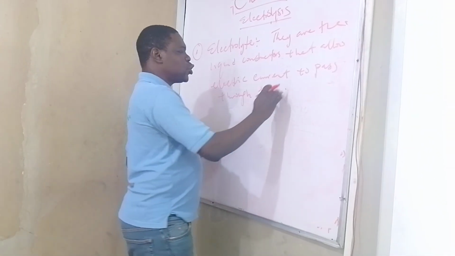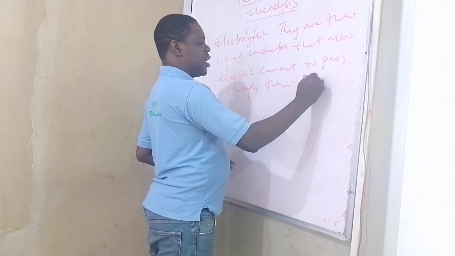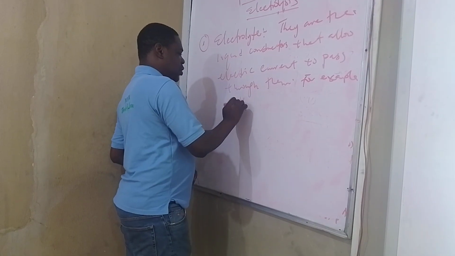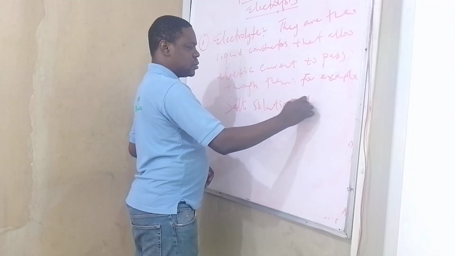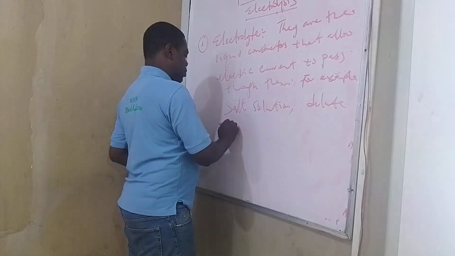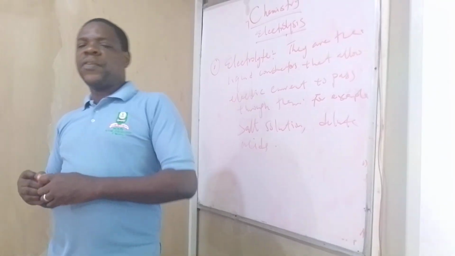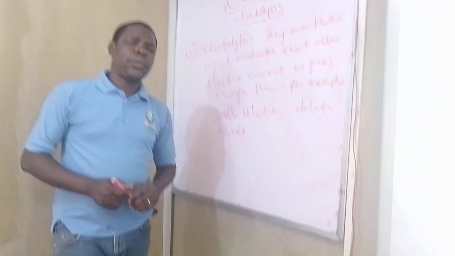Examples of that are solutions of salt, as I've said the other time. For example, you have salt solution, acid, dilute acid. All these are examples of electrolytes, because they will allow electricity to pass through them.